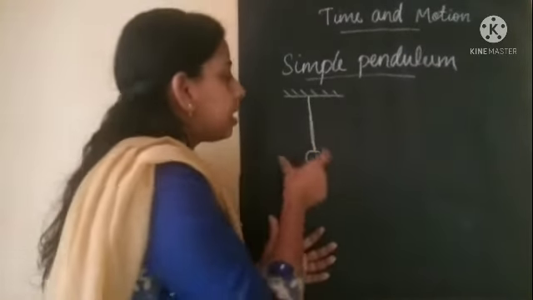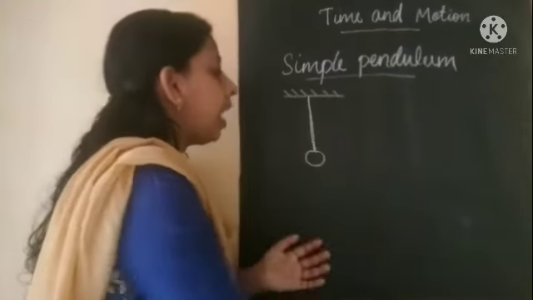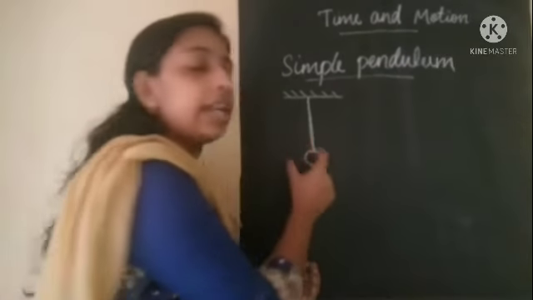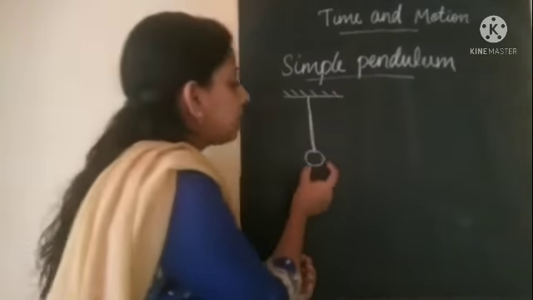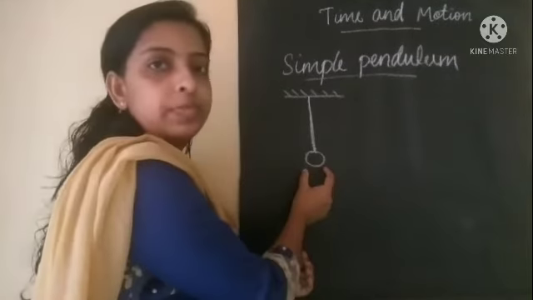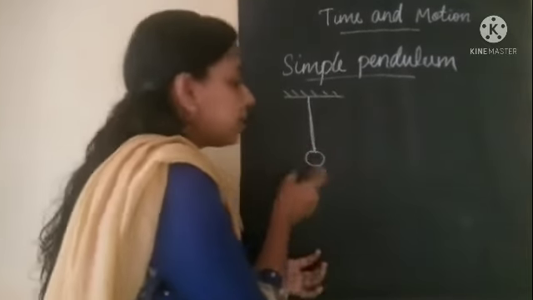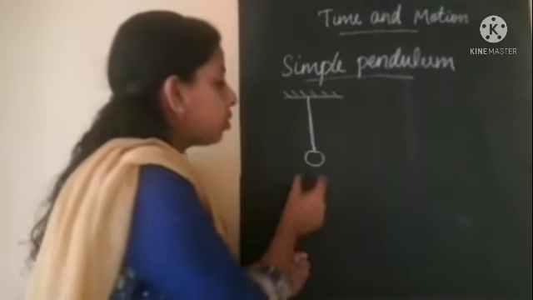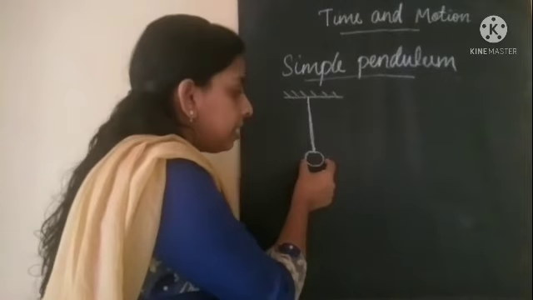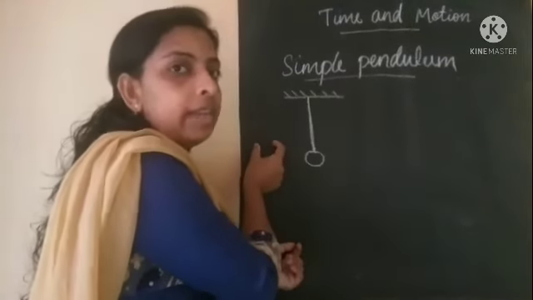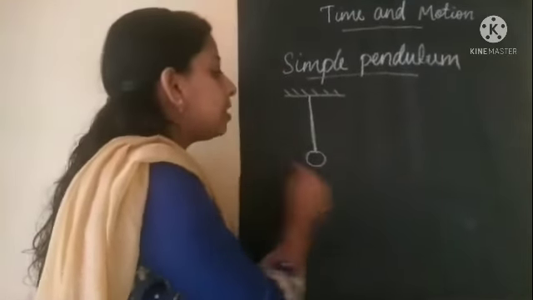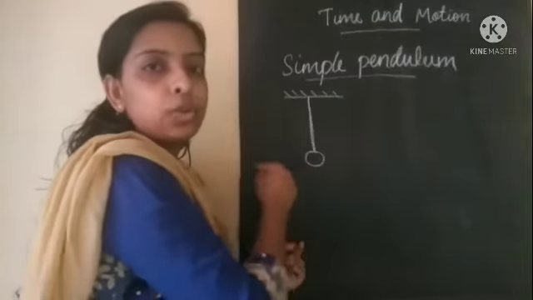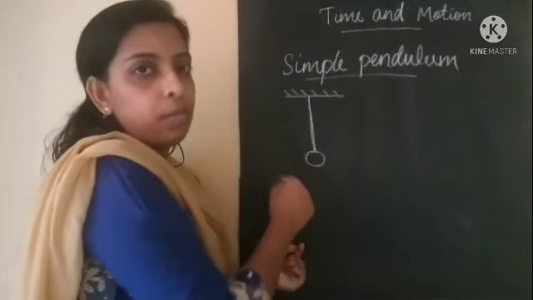When we consider the simple pendulum, I told you that it contains a metallic bob. Now we can discuss the motion. When we take this to the left side and then leave it, what will happen? It will move in a to and fro motion.